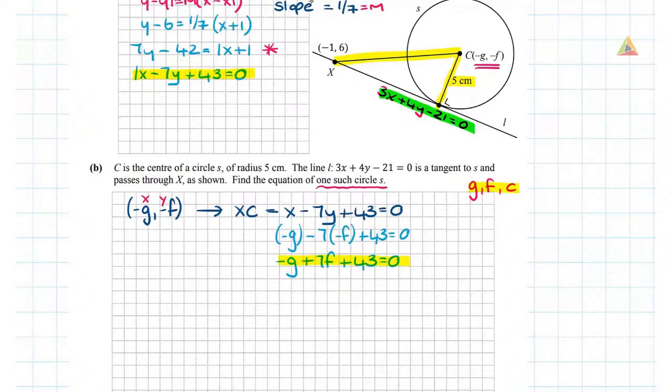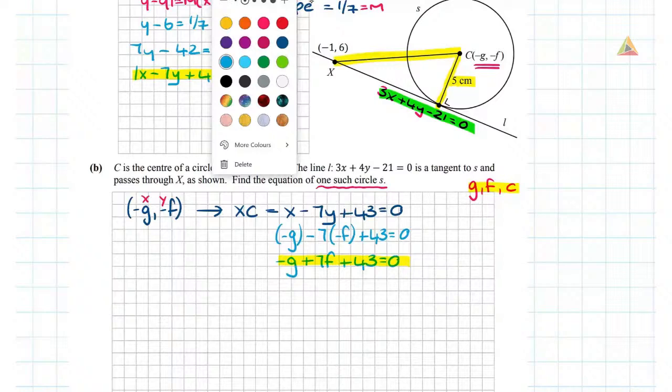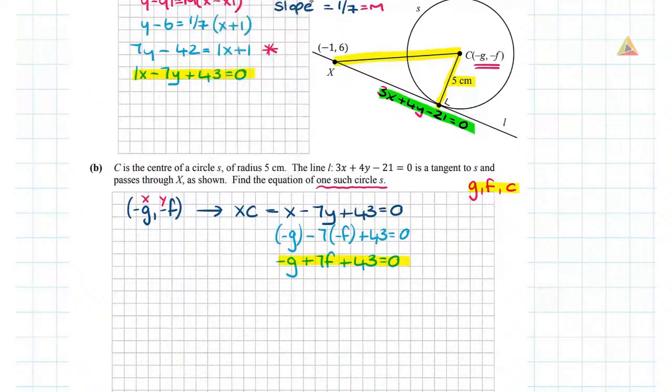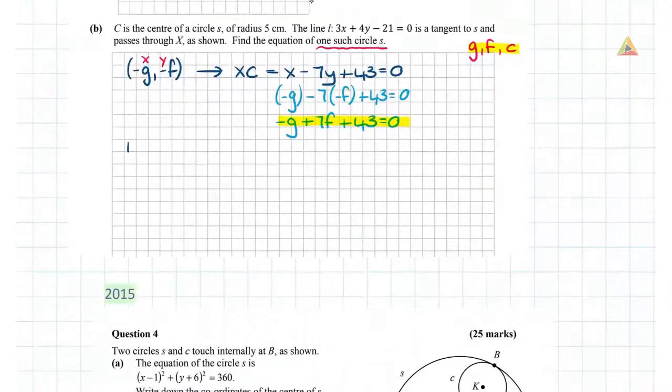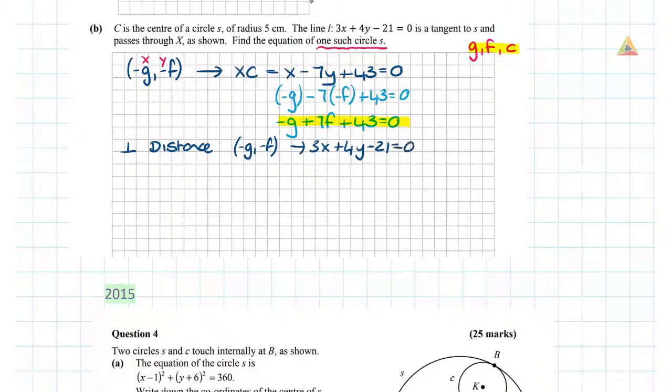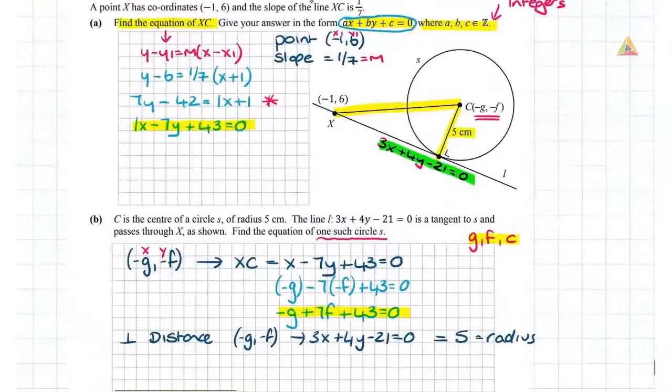And it's that fact that we're going to use to get our second equation, hopefully in G and F. So the perpendicular distance from the centre, minus g, minus f, to that tangent line that we're given in part B, has to equal 5, which is the radius. Because otherwise, if you look back at your diagram, it wouldn't be a tangent.